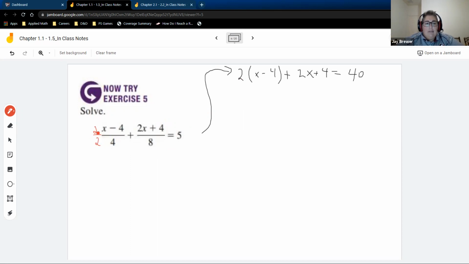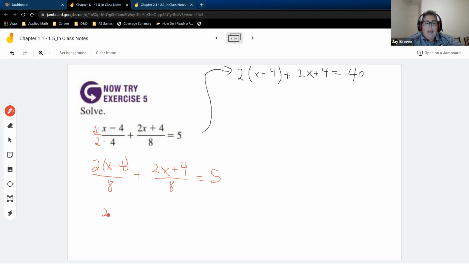So you can see that 2 over 2 would just be 1. So you're allowed to do that. So then what happens when you do this is you actually end up getting 2x minus 4 over 8 plus 2x plus 4 over 8 equals 5. And then for them, what they saw is, okay, I can bring these together.